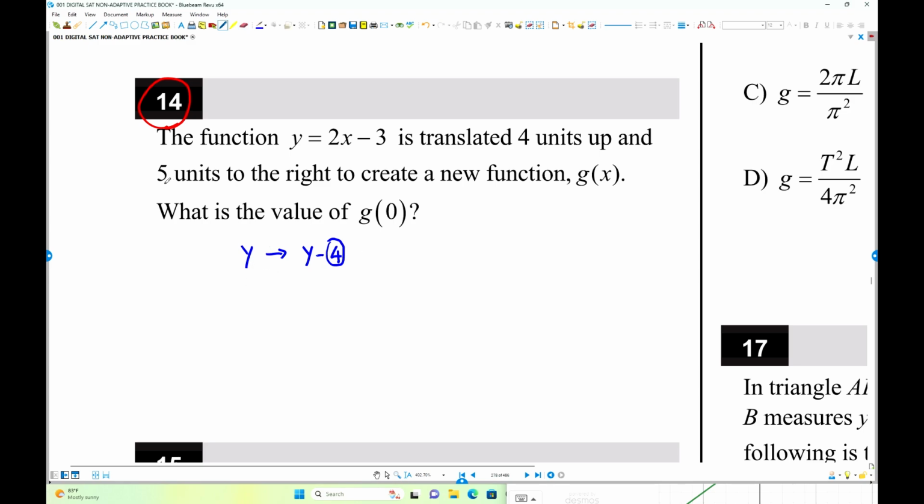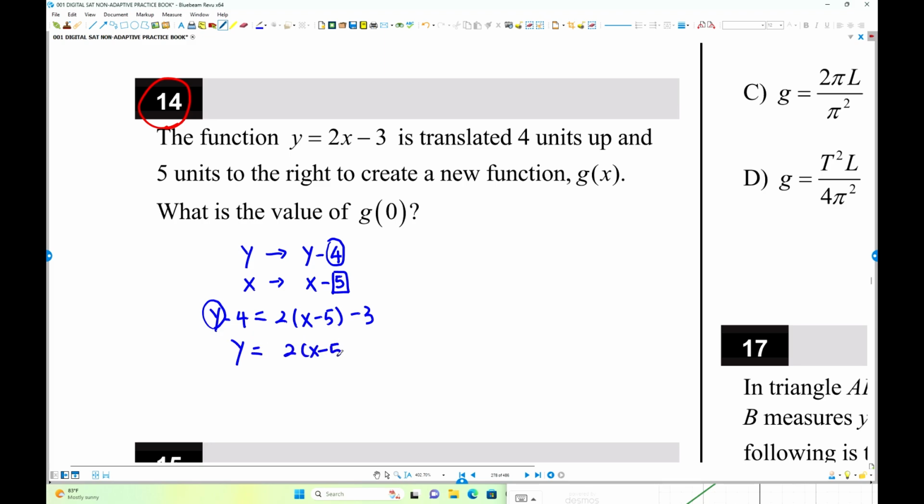The other one is 5 units to the right. Replace x with x minus 5. This number is positive, so it moves to the right. Replace over here: y minus 4 equals 2 times x minus 5 plus 3.